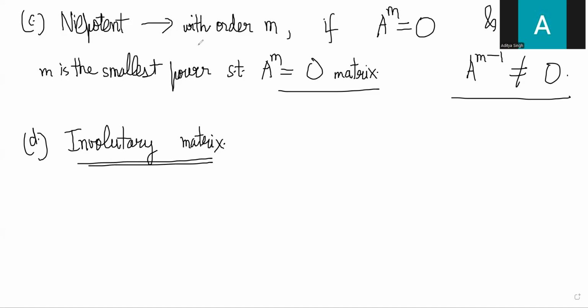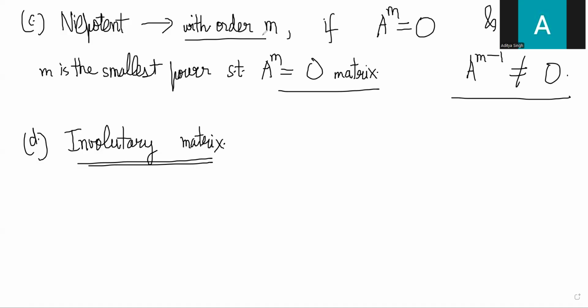Yes. A nilpotent matrix with order m, if m is the smallest power where it becomes the zero matrix, right? Any power higher than that will still be the zero matrix, but the smallest power m is called the order of the nilpotent matrix.